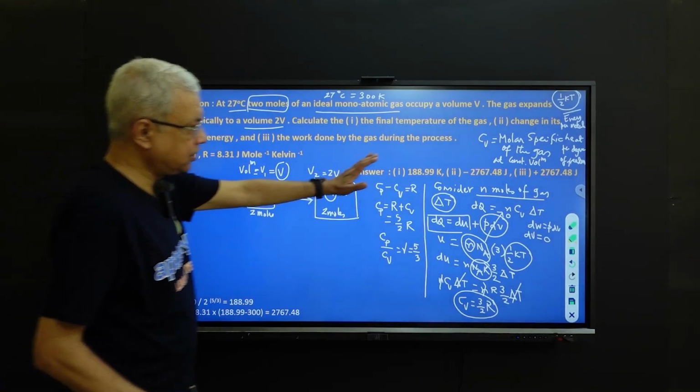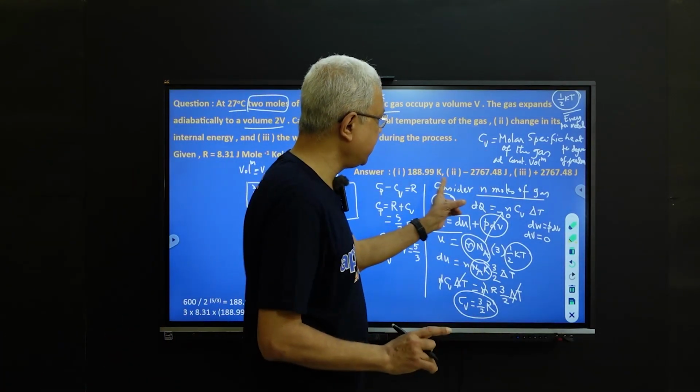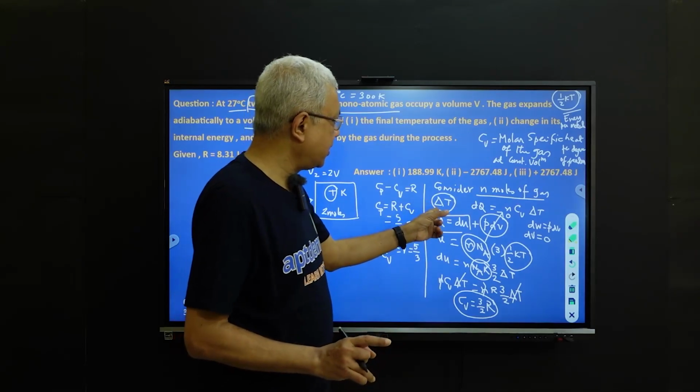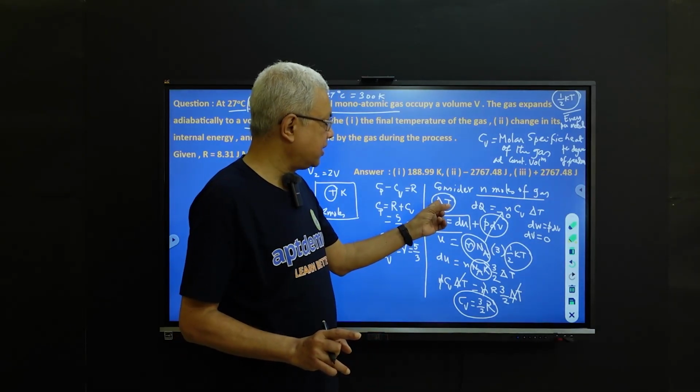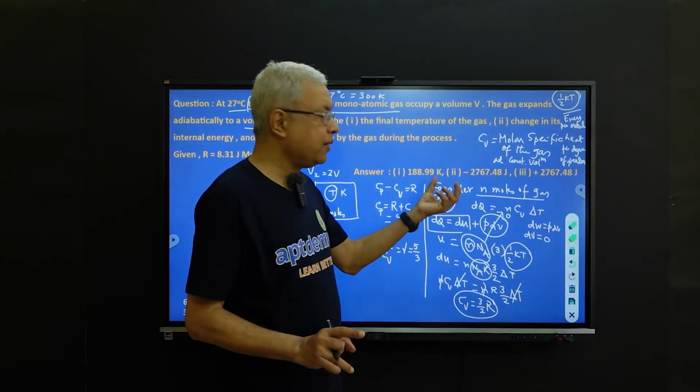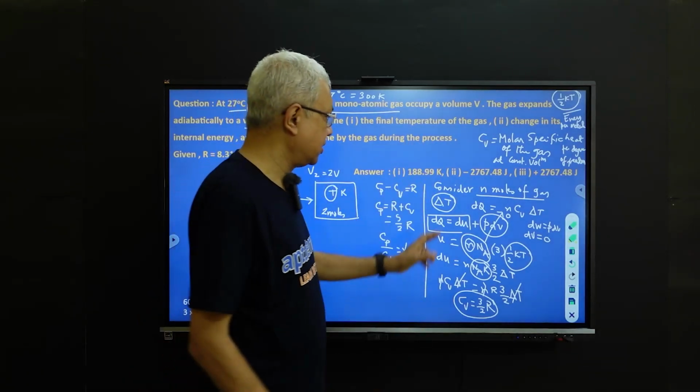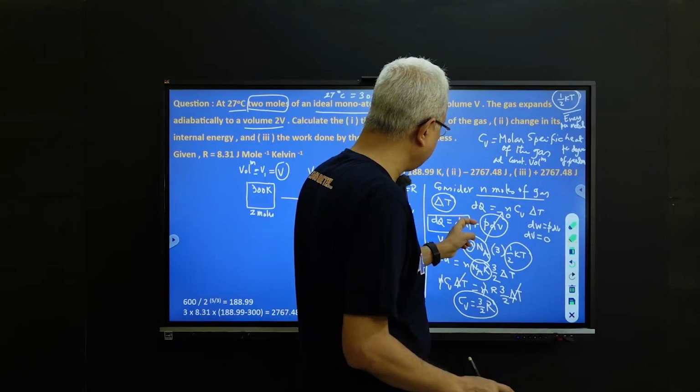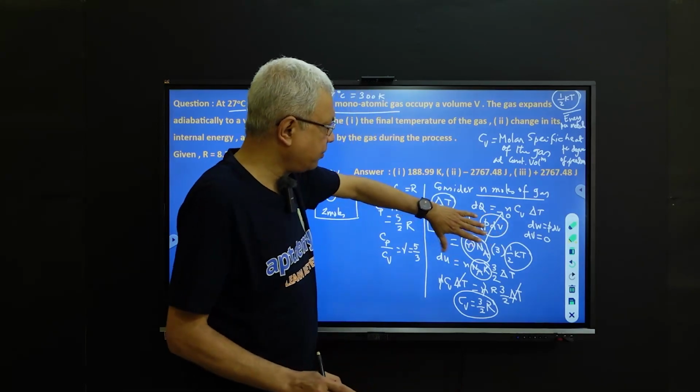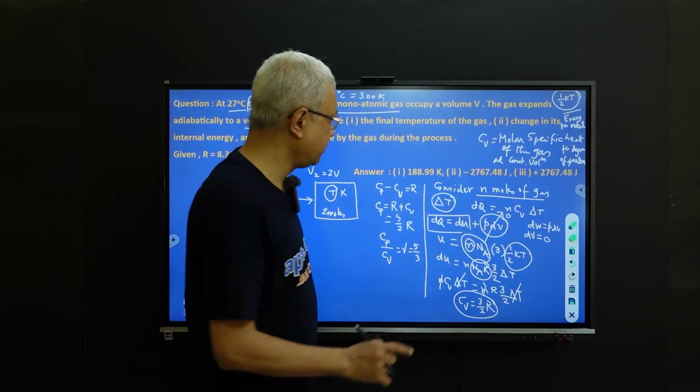Okay, so this is okay. We are considering n moles of gas. We are raising the temperature of the gas by delta T amount, keeping the volume of the gas constant. So dq equal to du plus pdv. It is coming from the first law of thermodynamics.